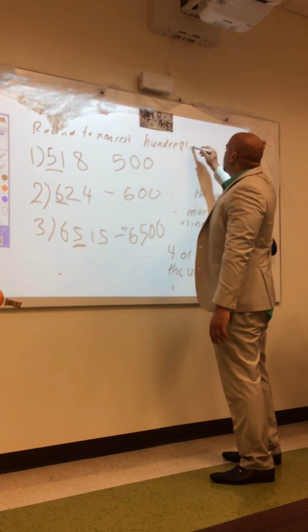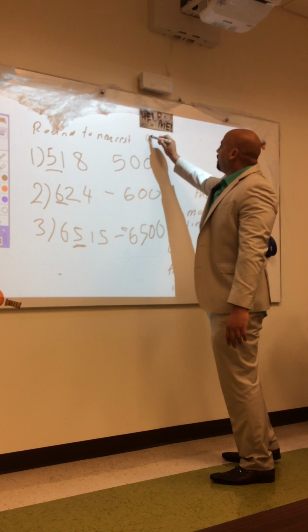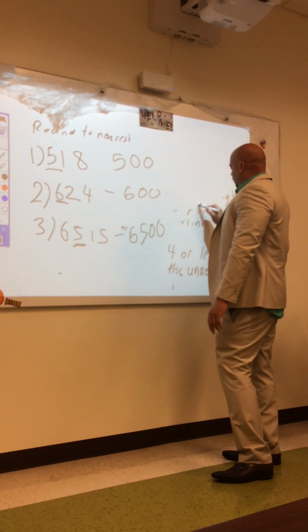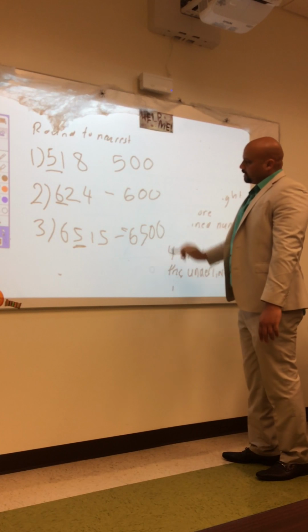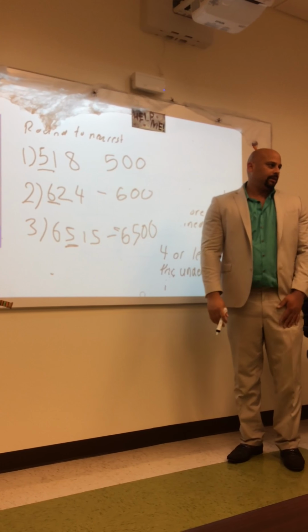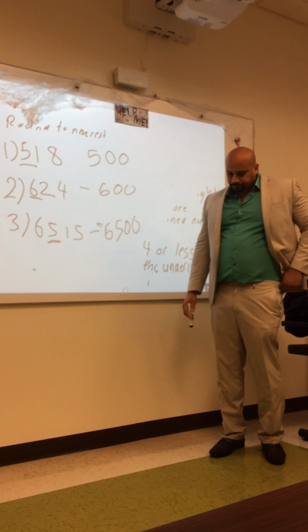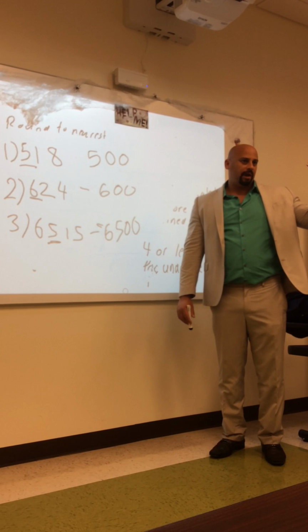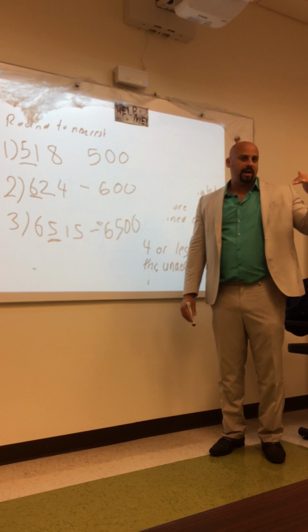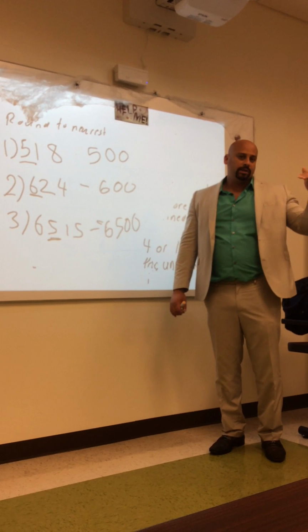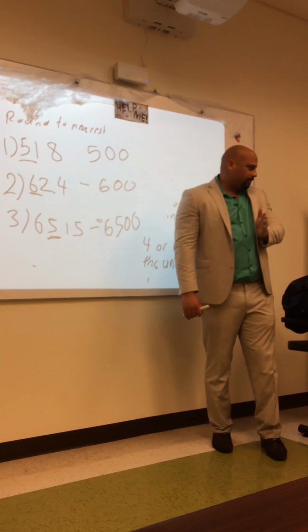It's the same principle. Every time it's rounding. Now the key is, I just showed you how to do this. Now what you need to do as a student is practice. If you don't practice these, you're not going to get them. I just showed you the rules. First you find the number that you're rounding to, underline it, look to the right. If it's 5 or more, add 1 to that underlined digit, and everything after it becomes 0.